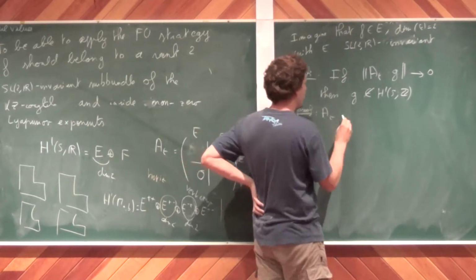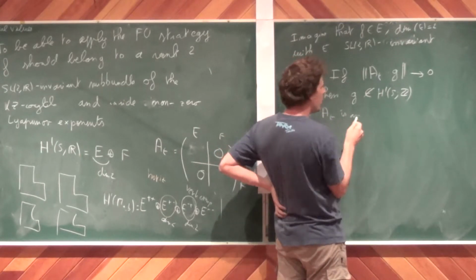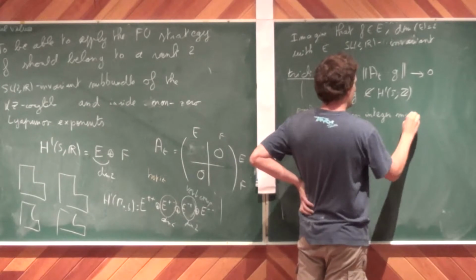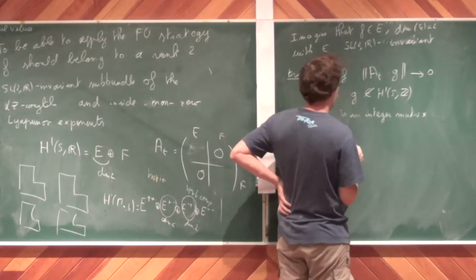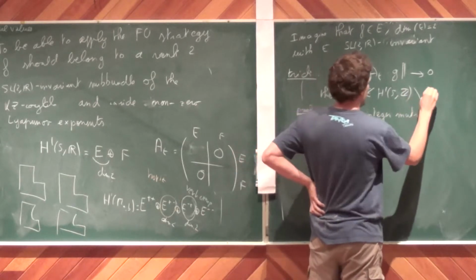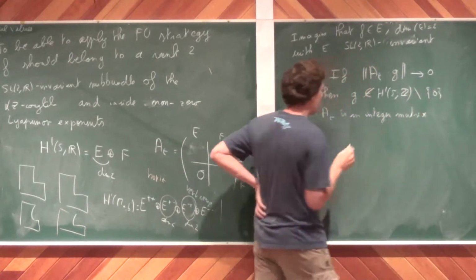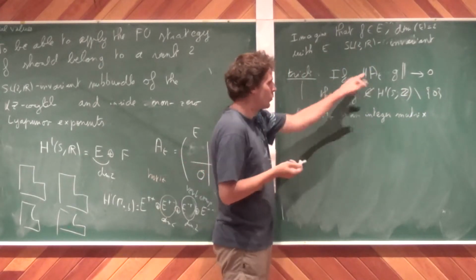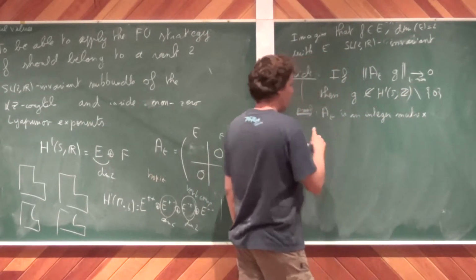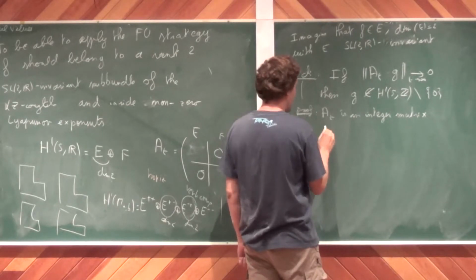AT is an integer matrix, so this is a symplectic matrix with an integer coefficient, which is invertible. Assume that it is not 0. If it is 0, for sure it goes to 0, as t goes to infinity. AT is an integer matrix, invertible.